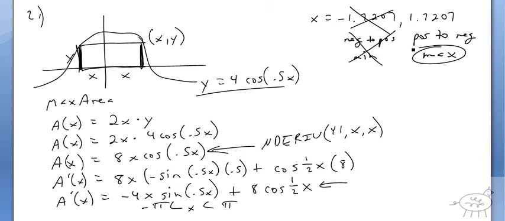Let's find our y value here, because that's what we're looking for. So y is equal to 4 cosine of 0.5 times 1.7207. So y comes out to be 2.6087. All right, and y is the height of this triangle. So that's the height.